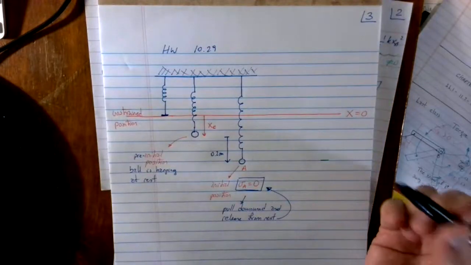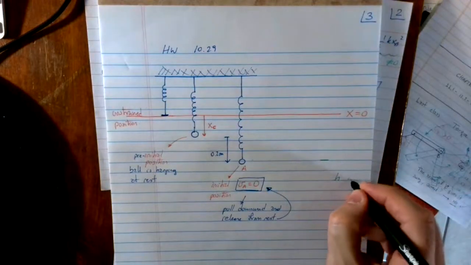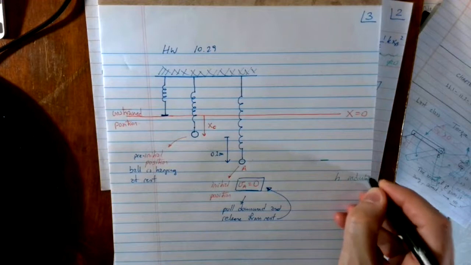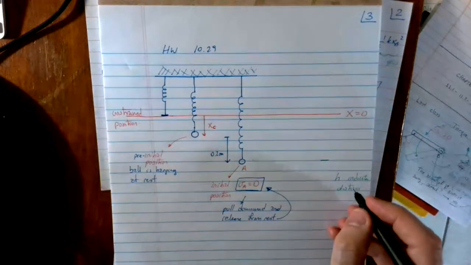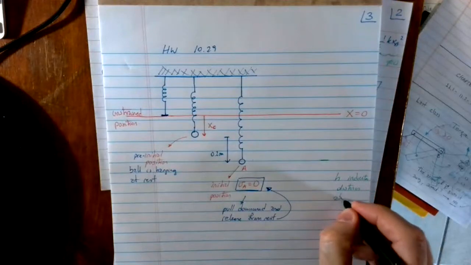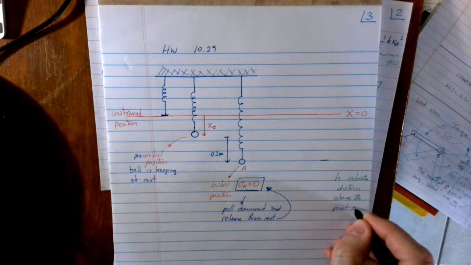And then the problem says the vertical position h indicates distances above the point of release.